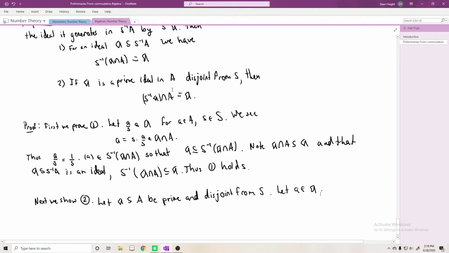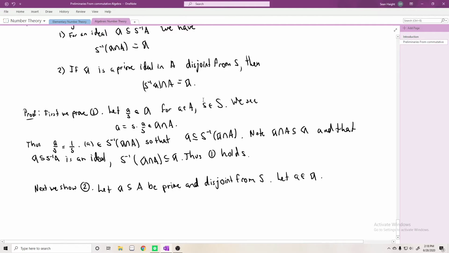Our goal is to show that it's in the intersection S inverse 𝔭 and A. Well, this is clear because it's certainly in big A because 𝔭 is an ideal in A, and it's equal to little a over 1, which is in S inverse 𝔭.